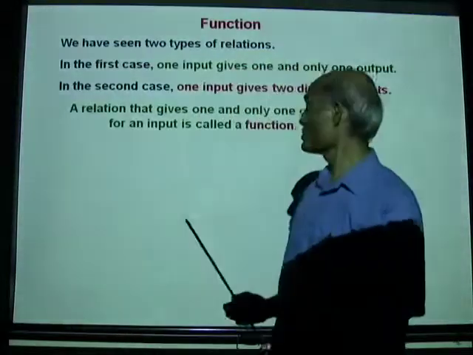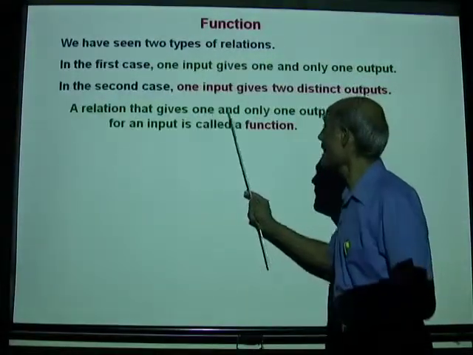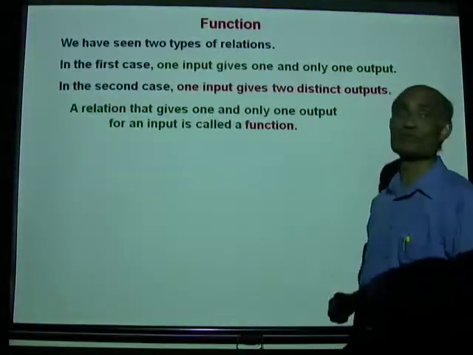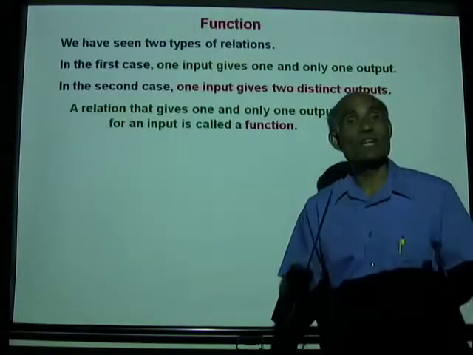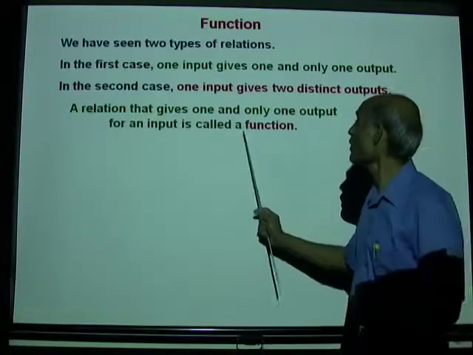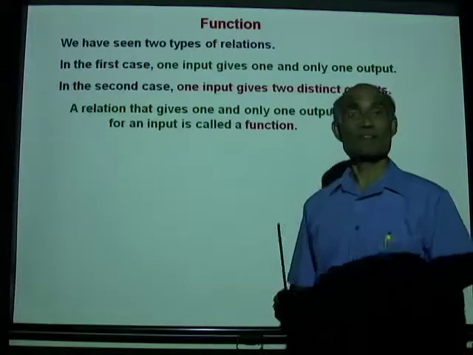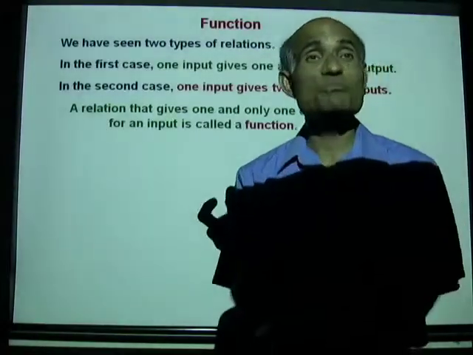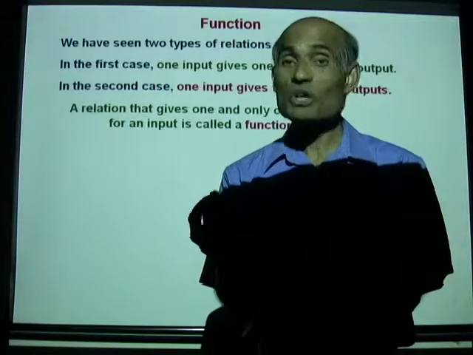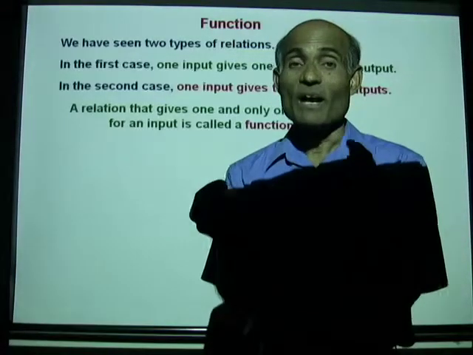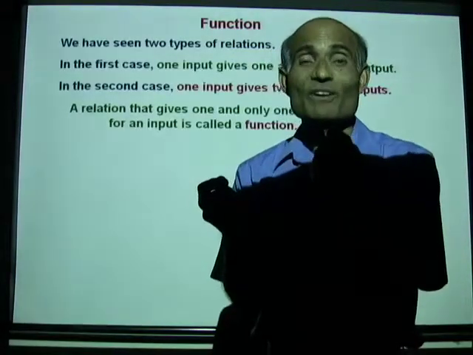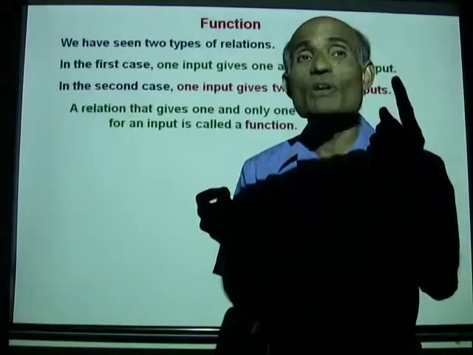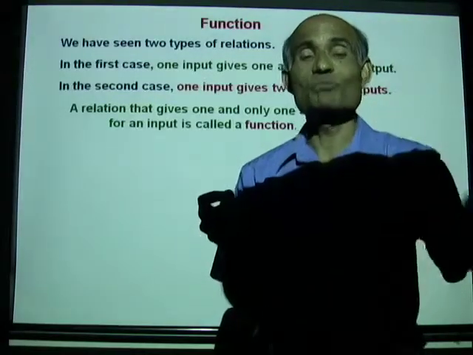Now, a relation that gives one and only one output for a given input is called a function. So, in order that a relation may qualify to be a function, what is the condition? One input should give rise to only one unique output.